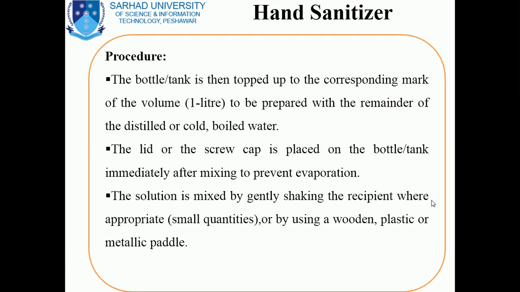After that, the fourth step: the bottle or the tank, that is the final container, is then topped up to the corresponding mark of the volume, that is 1 liter, to be prepared with the remainder of the distilled water. In the previous step, we have also rinsed with some quantity of water, that quantity is required in the formula. From that quantity we will take some water, and rinsing of the glycerol will be performed because of the very viscous nature of the glycerol, so that all of it is transferred safely.